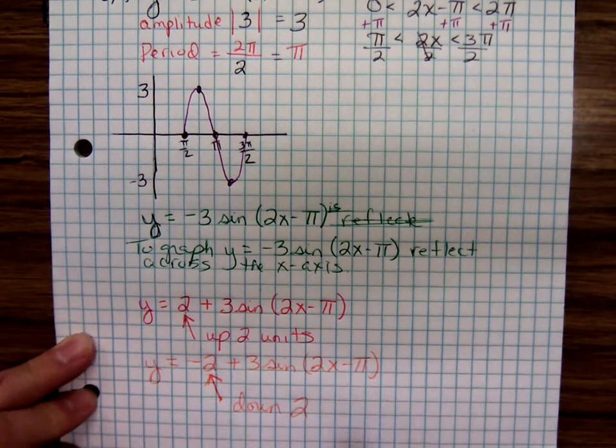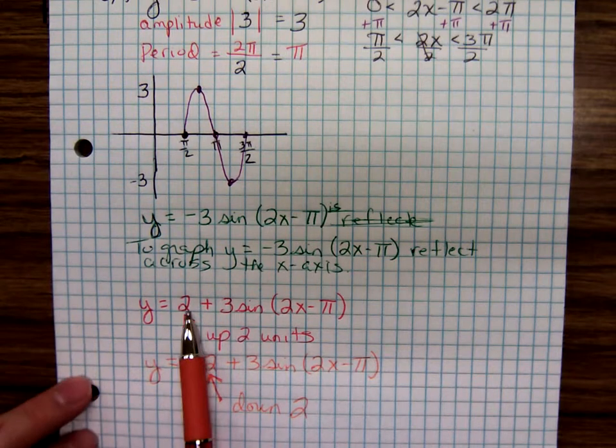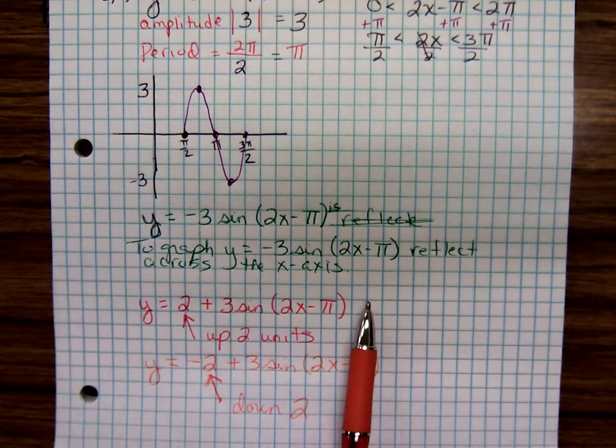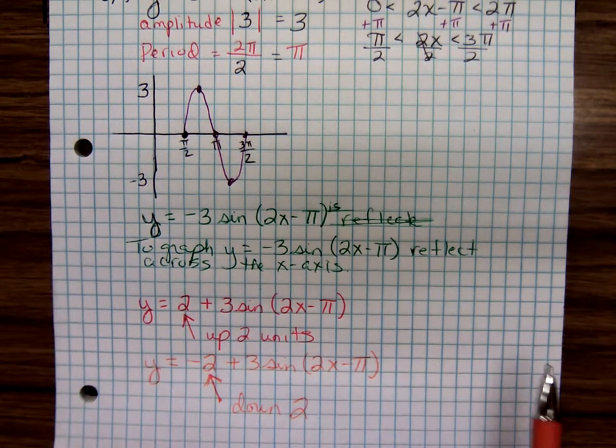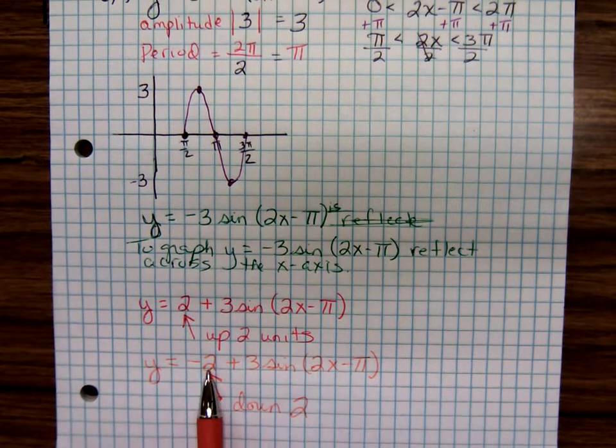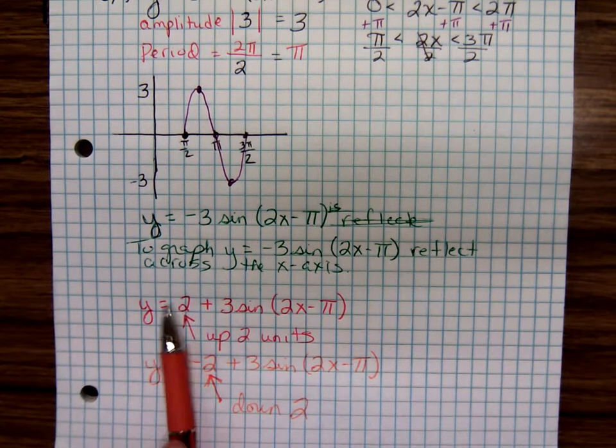Sometimes the way you'll see these vertical translations written is at the end, maybe plus 2 or minus 2, which is how I prefer to do it, but it doesn't seem like your book does it like that. Your book usually puts the vertical shift in front. Not always, but usually.